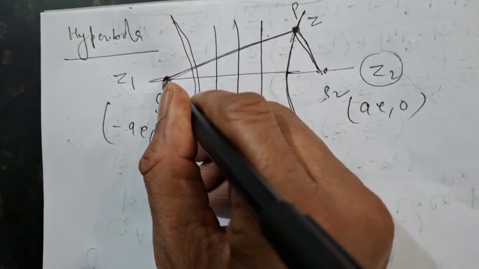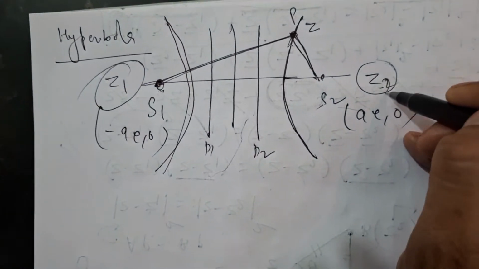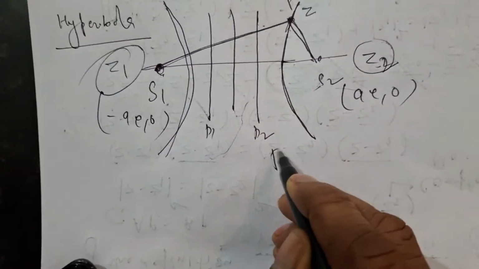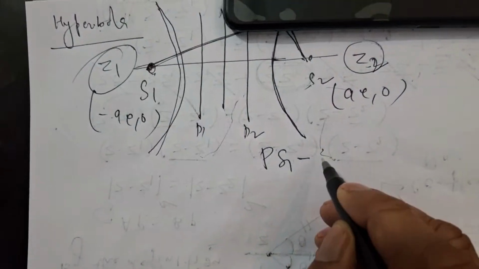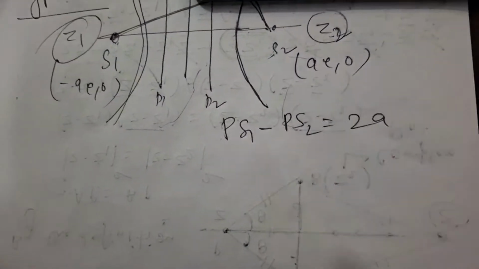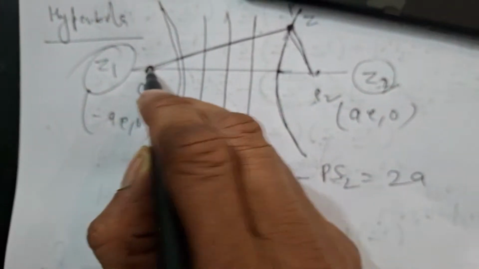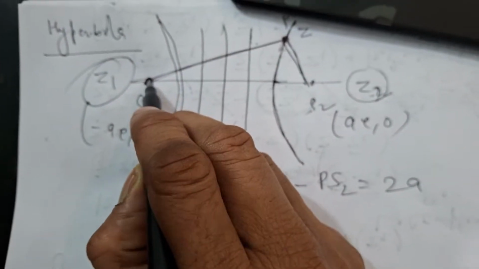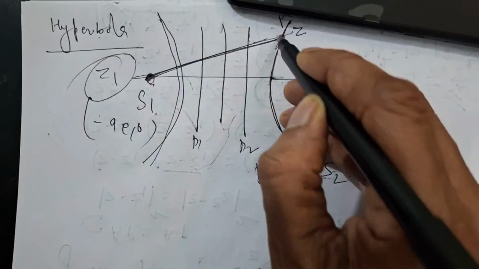You know the coordinates of this focus Z1 and this focus Z2. Then PS1 minus PS2 should be equal to 2a. This 2a is the difference of the distances from the foci, PS1 and PS2.